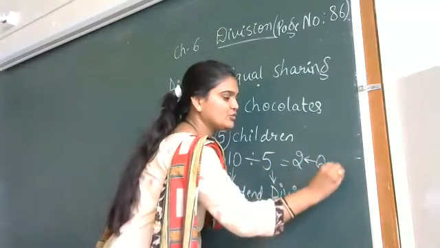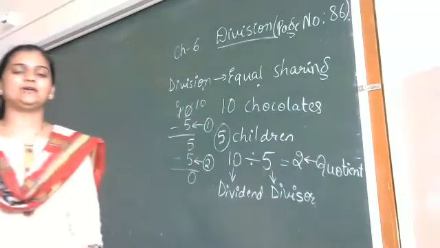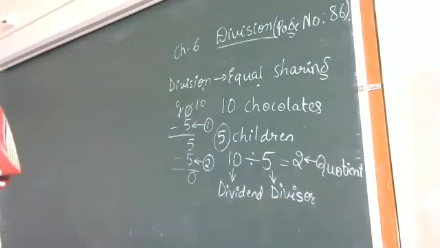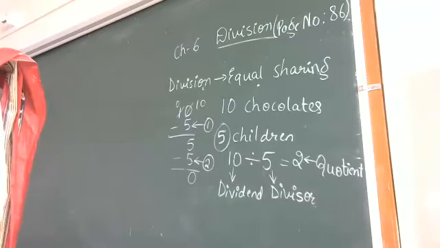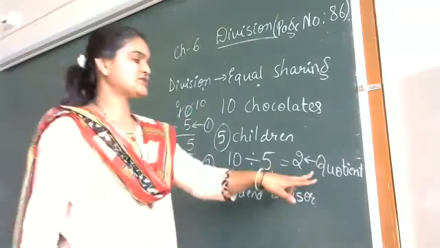See your spelling: quotient. What is the number 2 known as? It is the quotient. Any doubt in this part? Whatever answer you get for a division is known as the quotient.